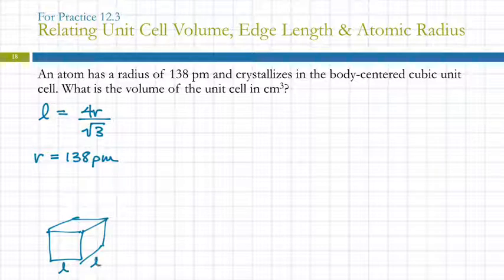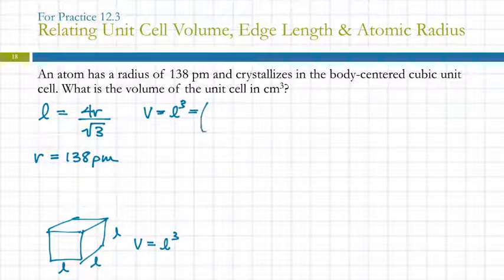This is L, and that's L, and that's L. And so the volume of the cube is the length times the width times the height, or L cubed. So the volume then is L cubed, which equals 4r over the square root of 3, raised to the third power. We know what r is. We can plug it in here and calculate the volume.